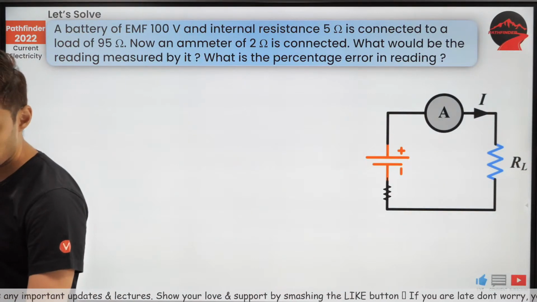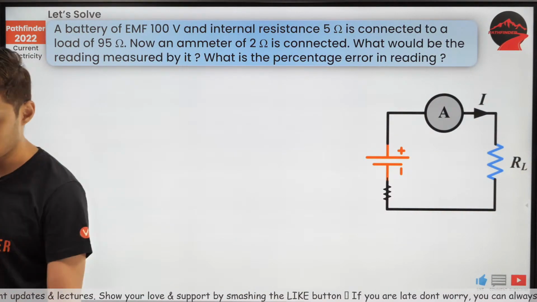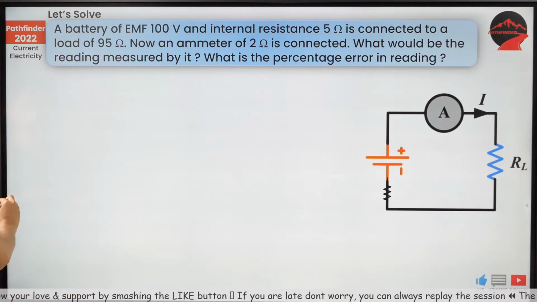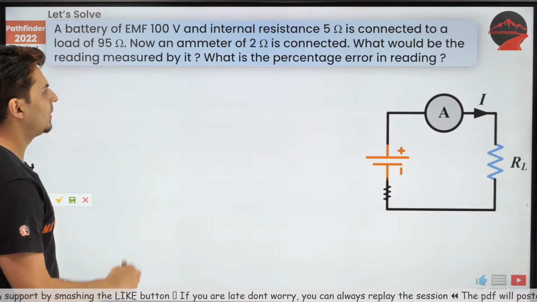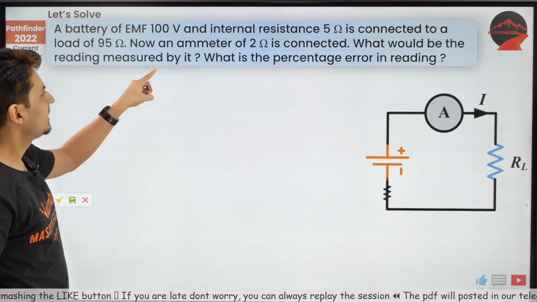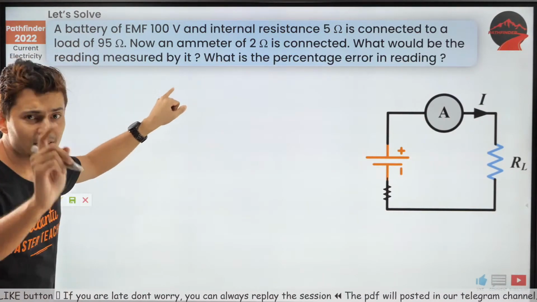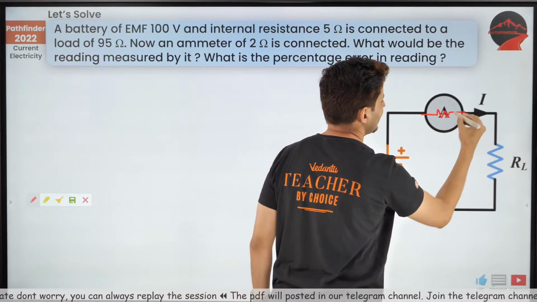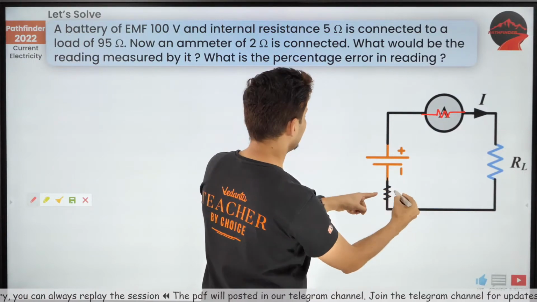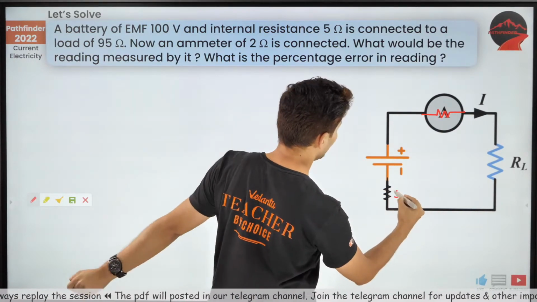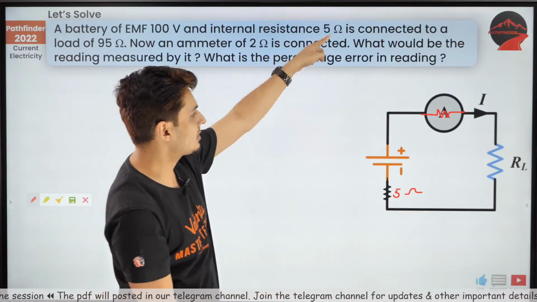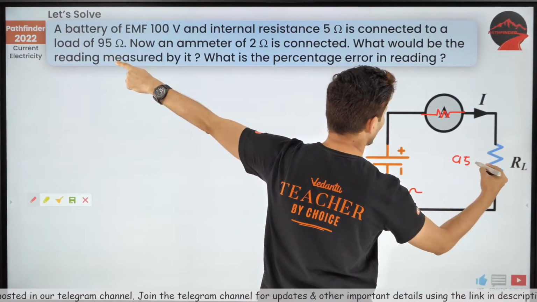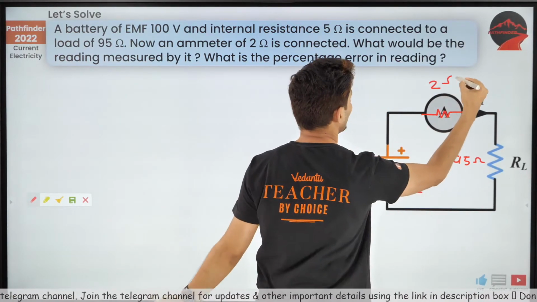Let's figure this out, guys. First of all, what would be the reading measured by it? You have a resistance here, resistance here, resistance here. Internal resistance is 5 ohms. Load resistance is 95 ohms. Ammeter resistance is 2 ohms.